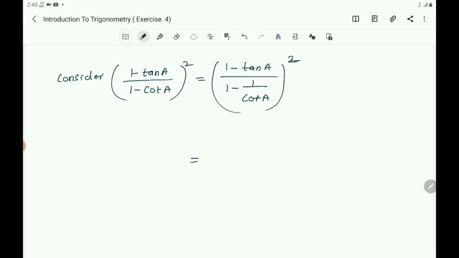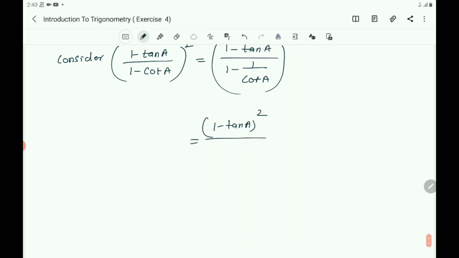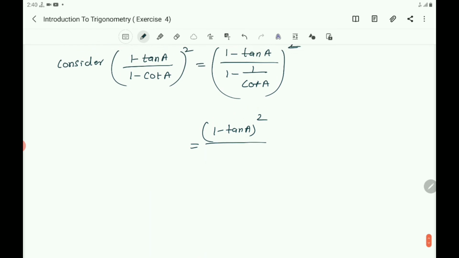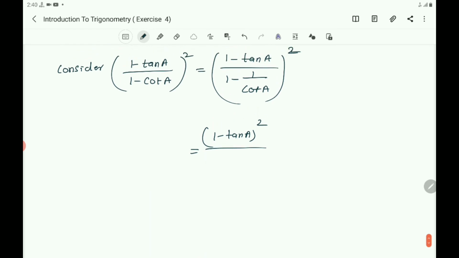Here you take 1 minus tan A whole square, that divided by, here you write 1 minus 1 by tan A, because cot is equal to 1 by tan.